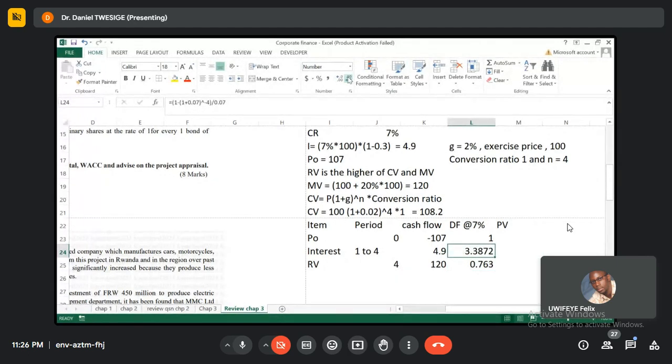But you can read your table, only that for me, I don't have access to the table. You can read this table for this. You don't need to calculate when you have the tables.